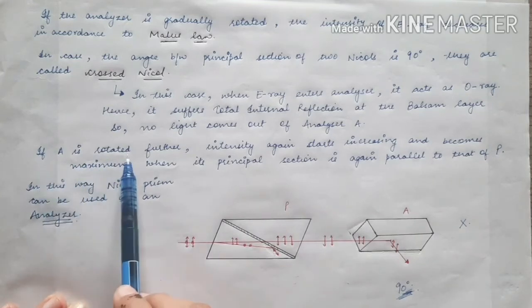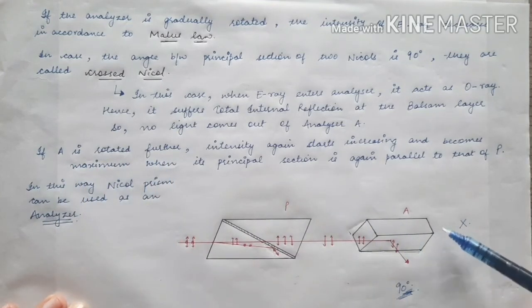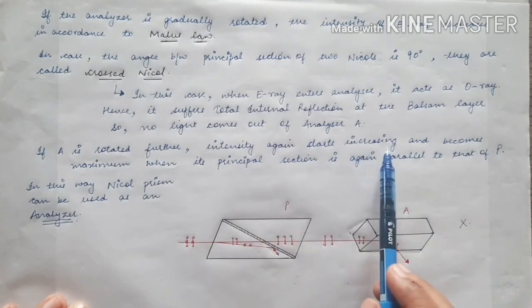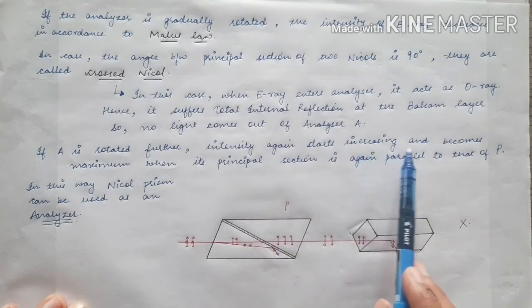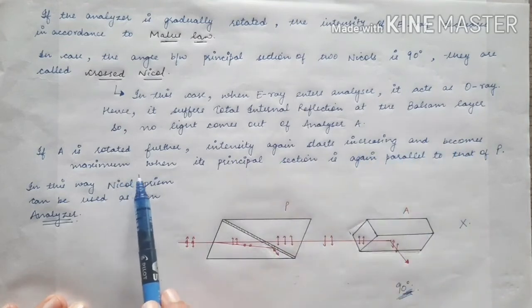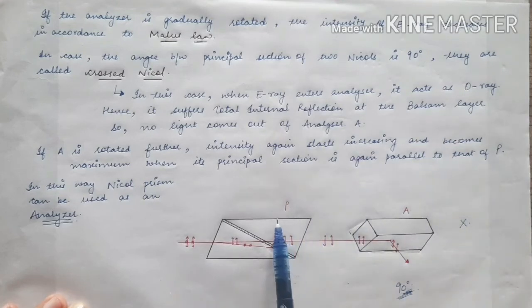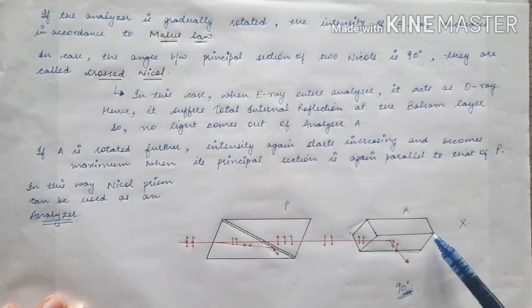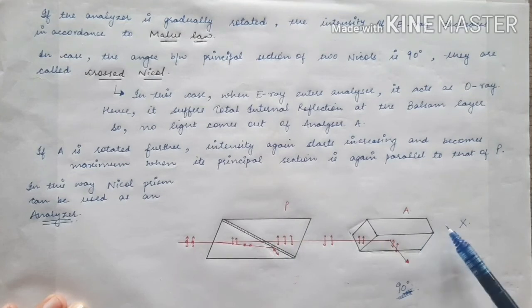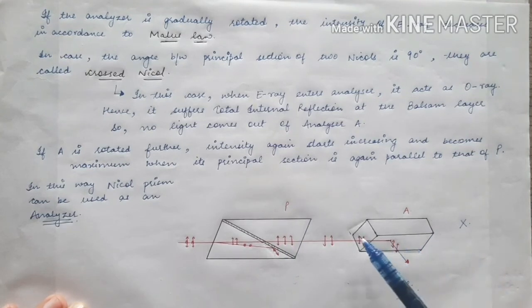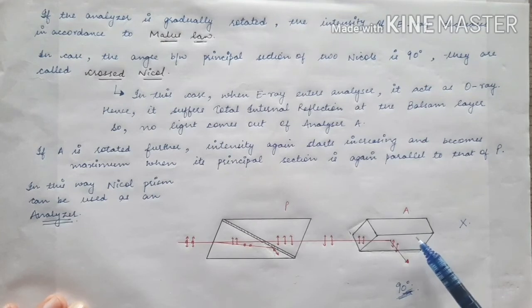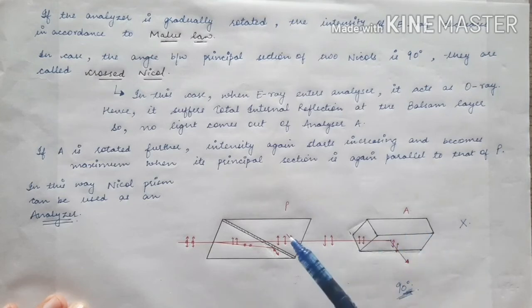Now if the analyzer A is rotated further, the intensity will again start increasing according to Malus law, and it will become maximum when again the principal section is parallel to that of the polarizer P. As you rotate the Nicol prism further, the angle of the principal section will increase with respect to the principal section of the first Nicol prism.